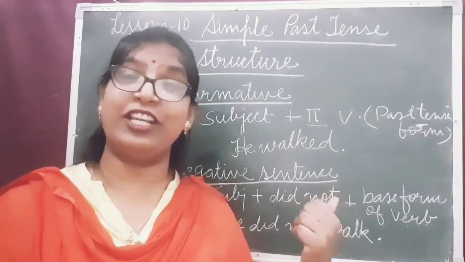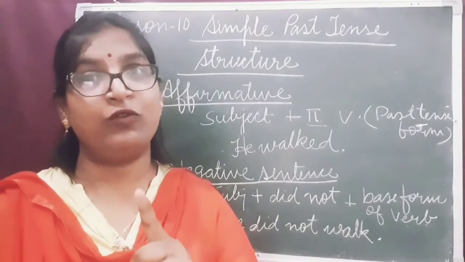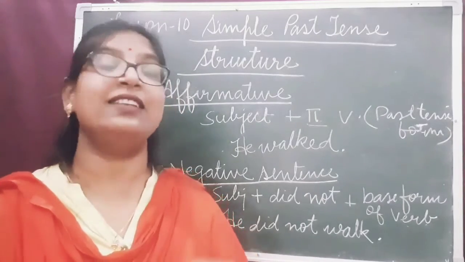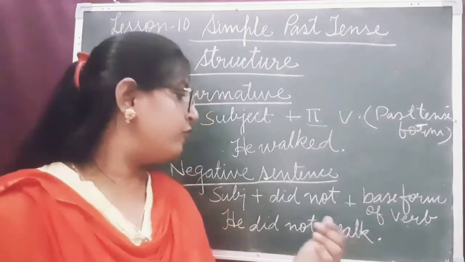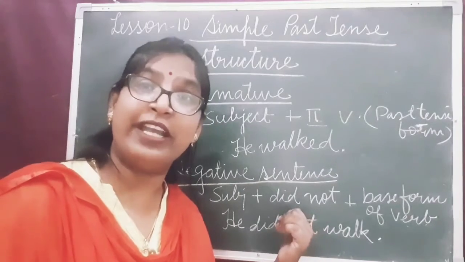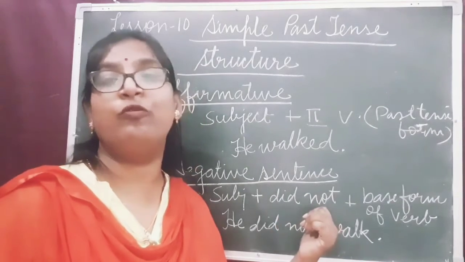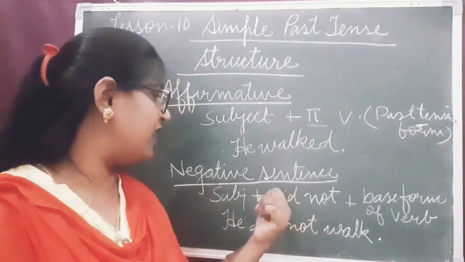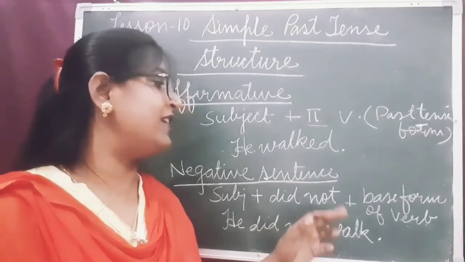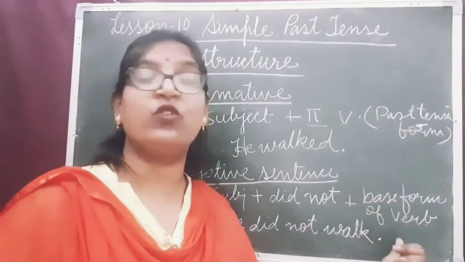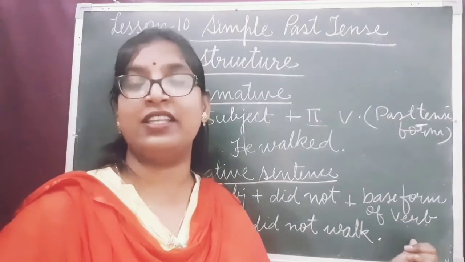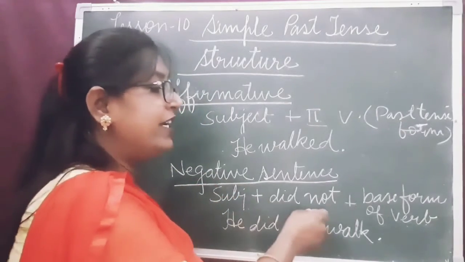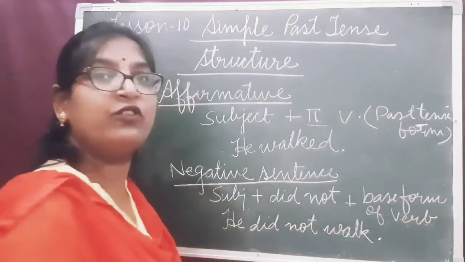Already in the table I explained to you the form of the verb do we use in past tense, and to change a sentence into negative form we use the helping verb did plus the word of negation, that is not. And when we are making a negative sentence we use the base form of the verb. The main verb is in its base form. Subject plus did not plus base form of the verb.